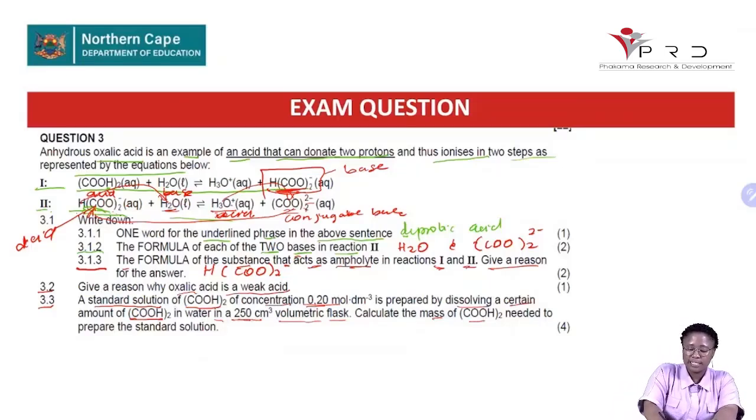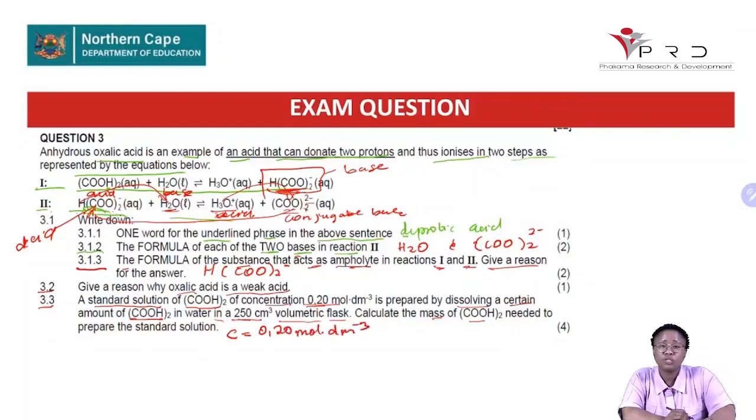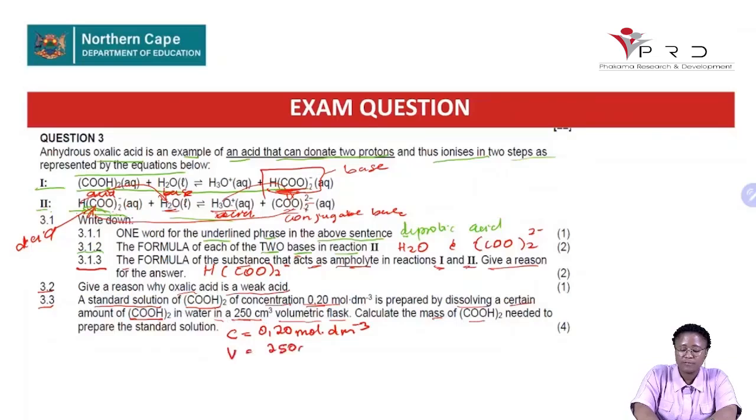So let's quickly collect the data. I have the concentration of the acid, which is 0.20 mol per dm³. What else do I have? I have the volume, but my volume is 250 cm³, which is in incorrect SI units. What do I need to do? I divide that by 1,000.